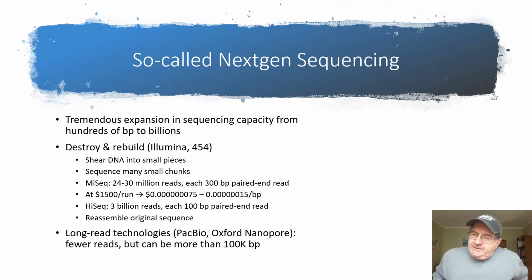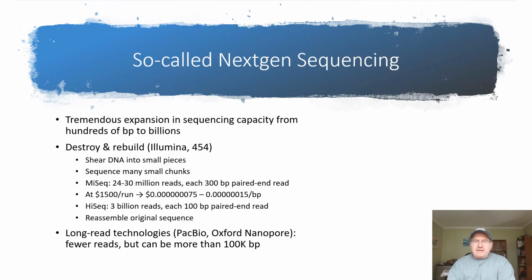But the world is changing. And of course, you're familiar with next-gen sequencing. I'm not going to get into the underlying technologies in next-gen sequencing, but I do want to give you a sense of the scale of the change that's going on. This is the so-called next-gen sequencing.